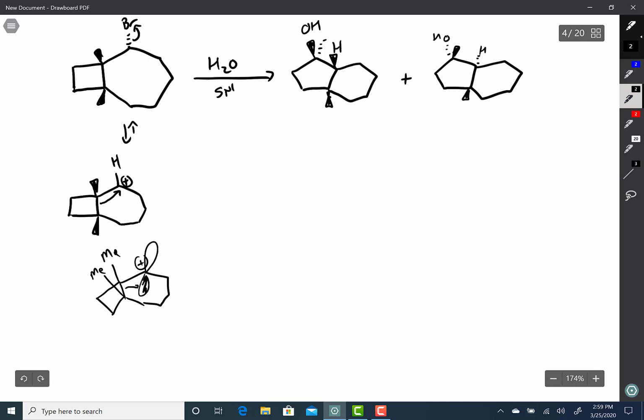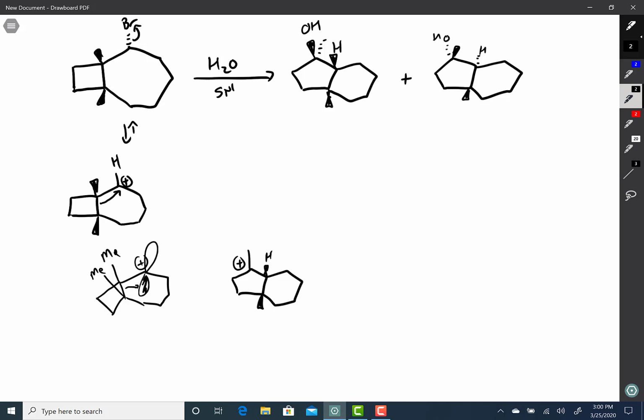If it shifts over on to the bottom, if it shifts to the bottom lobe, that pushes the hydrogen upwards, and would likely give you this carbocation.